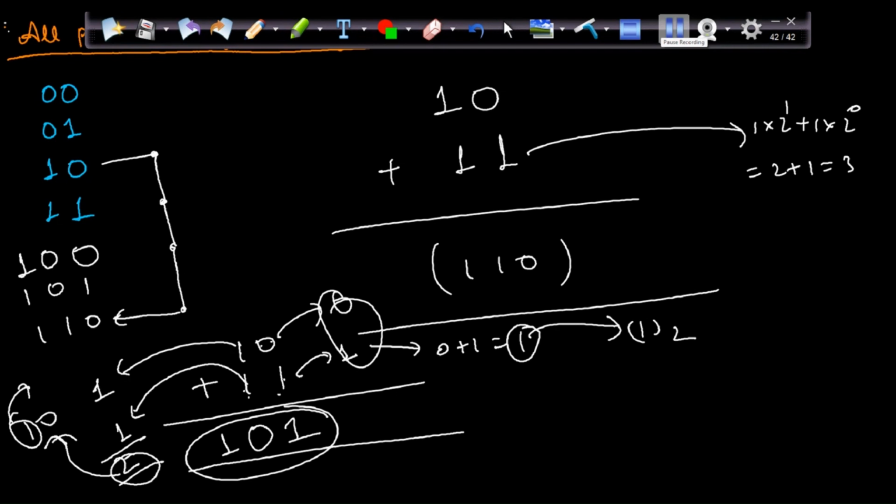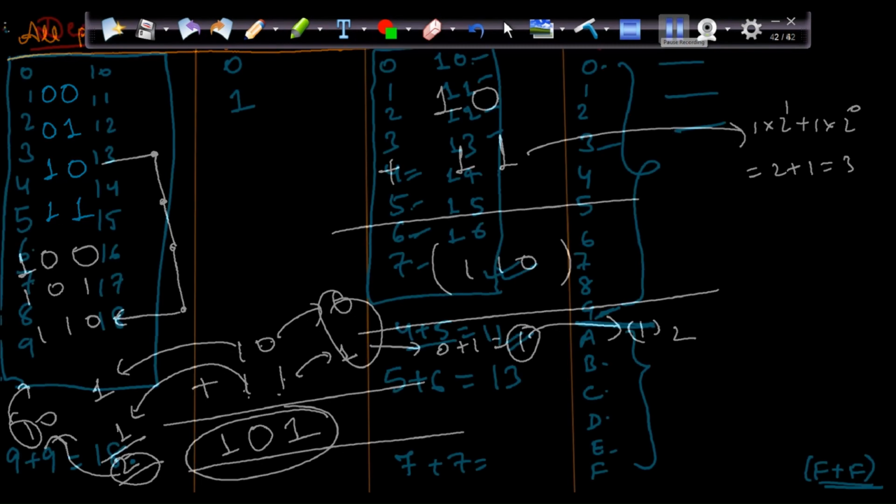But the carry in any base, be it base 6 or base 7, when you add two numbers, if by adding the digits of any place you get a two-digit number, the digit at the second place will always be 1. Let me show you how it is.